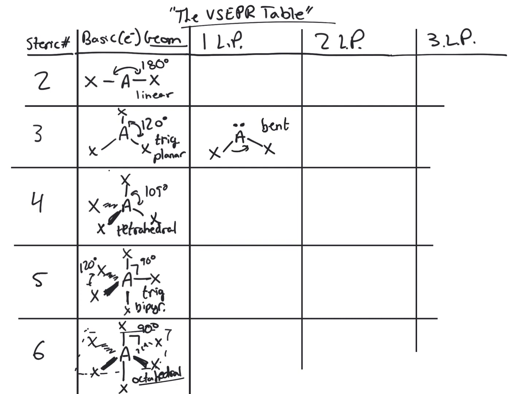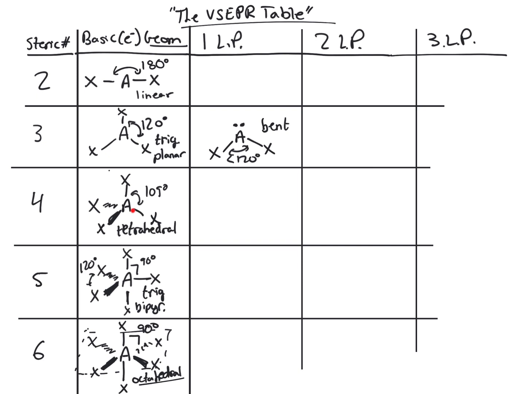Bent with a bond angle of 120 degrees, actually typically a little bit less because of our rule that the lone pair takes up a little bit more space than everything else. So a slightly less than 120 degree bond angle and a bent shape for 3 things with 1 lone pair.